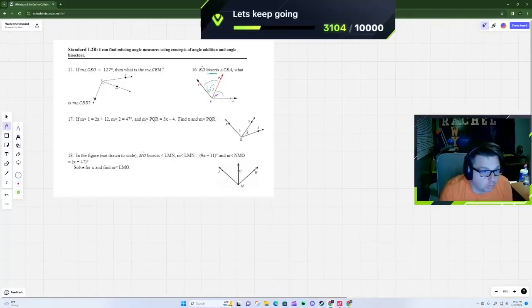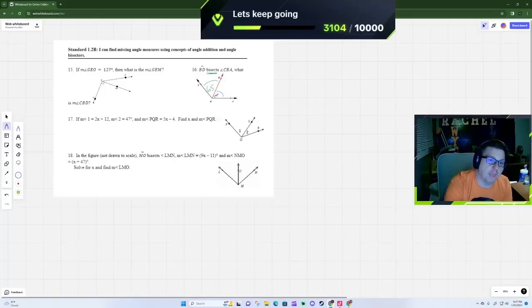Now, depending on what the question's asking, make sure you answer what the question's asking. Now, 16 is asking what is the measure of CBD. So you just say 65. But it could also have asked, what is CBA? And then that's when you double 65 and make it 130. So be careful. Make sure you are answering the proper question and picking the proper answer. But that's, once again, how you're going to break down that question.